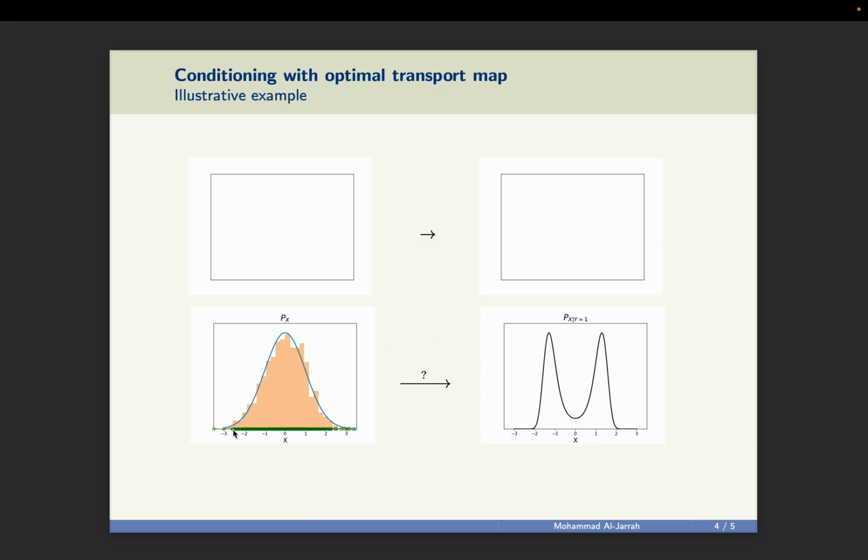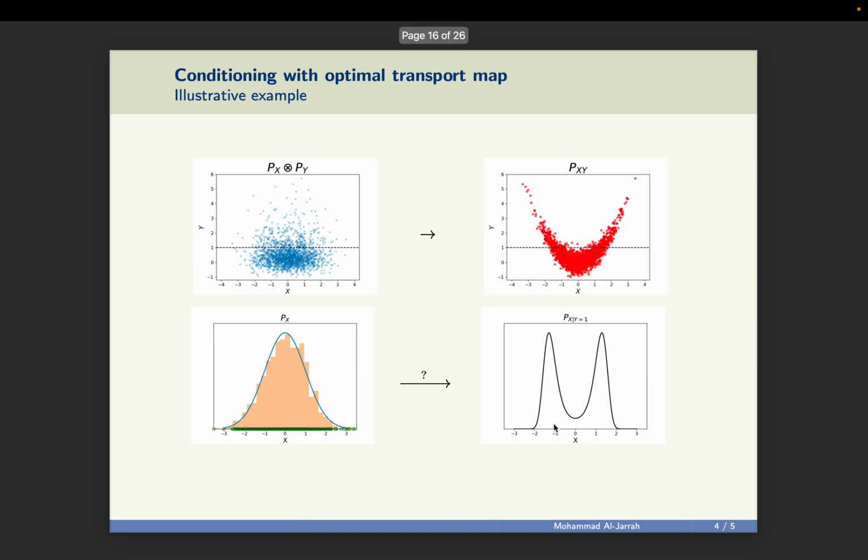We start from the prior distribution p_x with these particles, but instead of going to the posterior distribution p(x given y), we generate samples from the joint distribution p_xy.